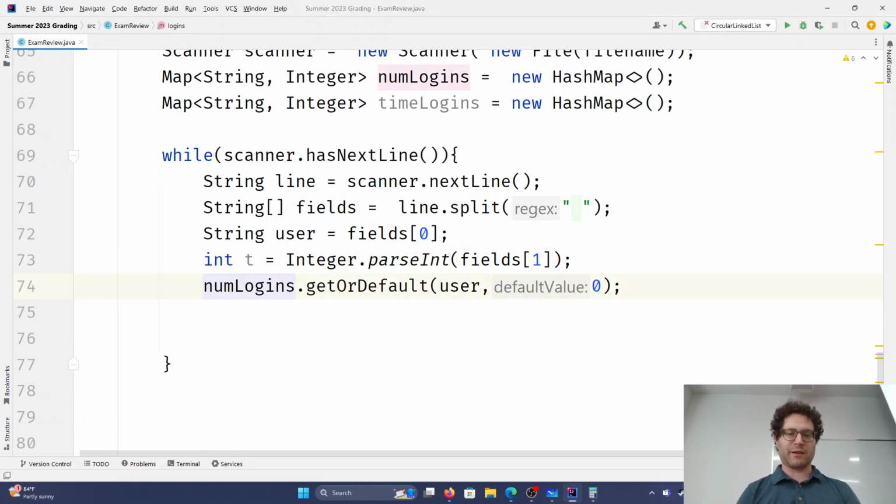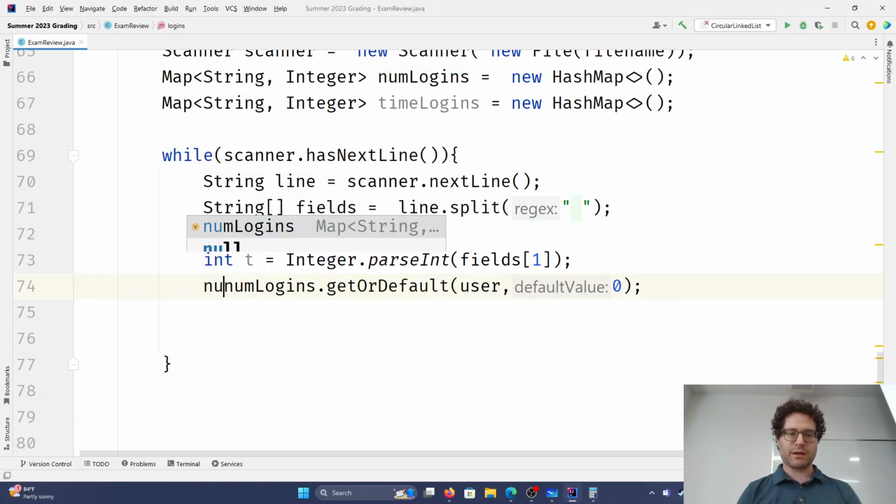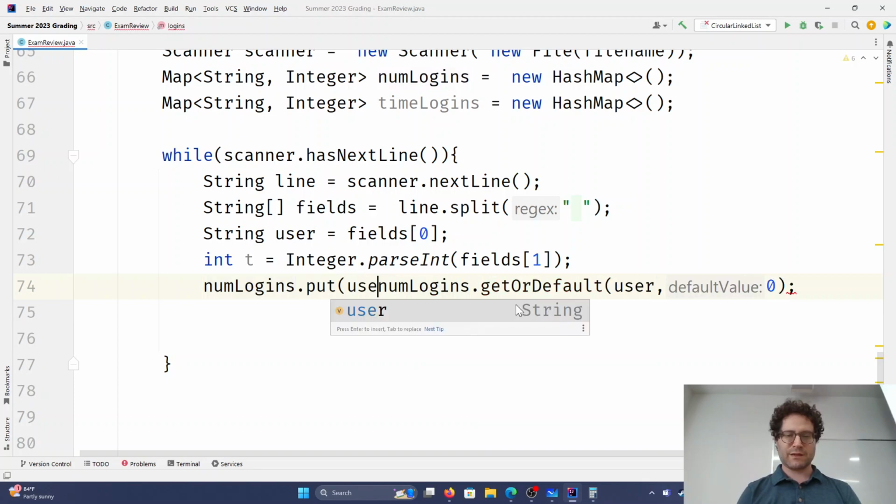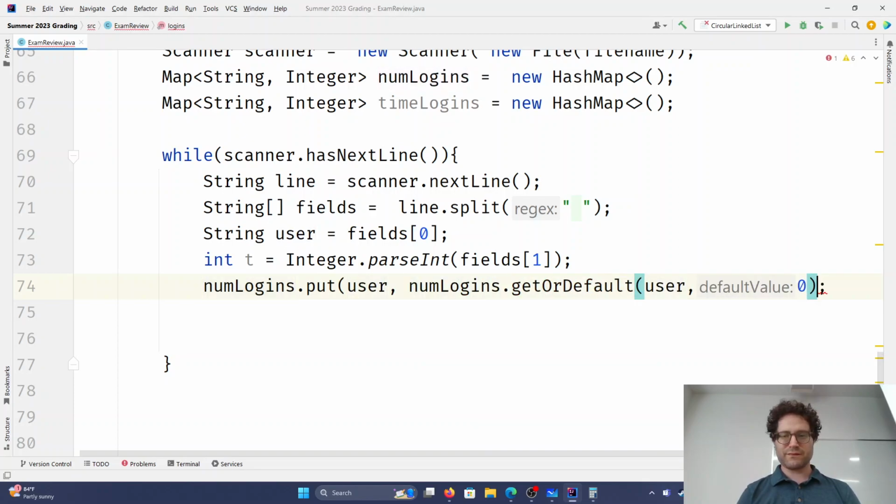So as a num, and then I'll say numLogins.put user. So I just did that in one line.